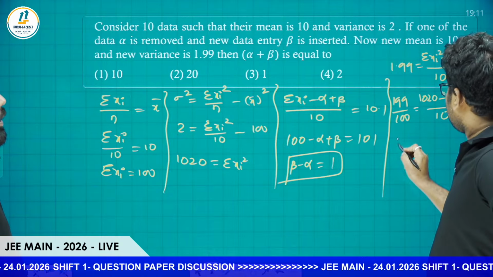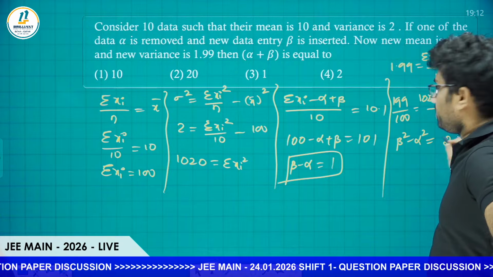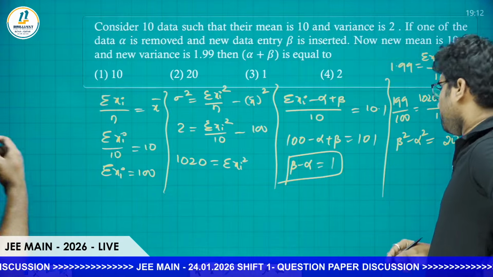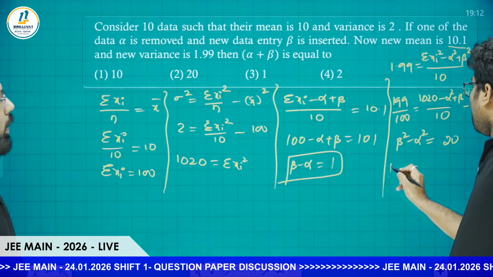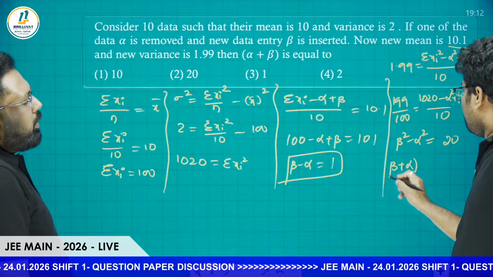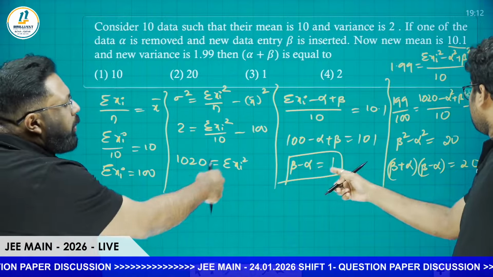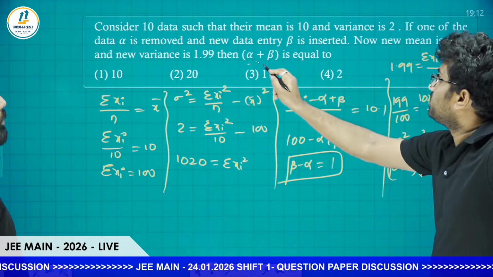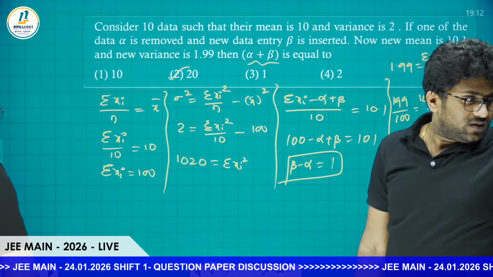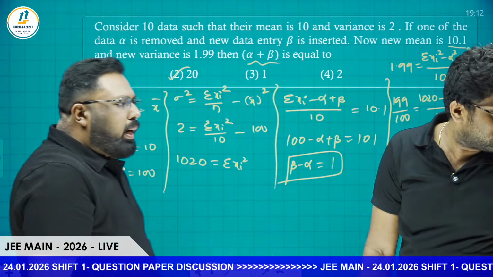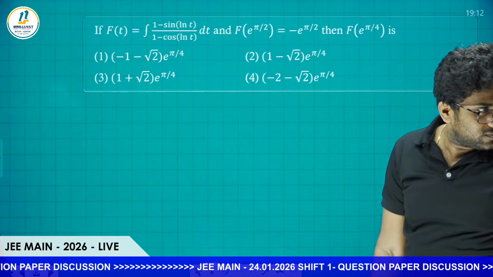From here we get beta square minus alpha square is equal to 20. Beta squared minus alpha squared is beta minus alpha into beta plus alpha, which is equal to 20. Beta minus alpha is anyhow 1, therefore alpha plus beta will be 20. Not a difficult question, but a little bit of calculation is required.